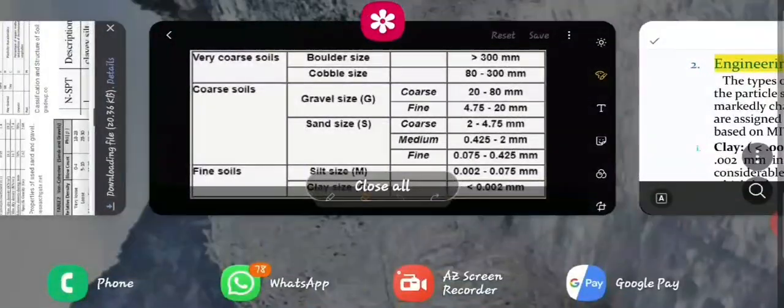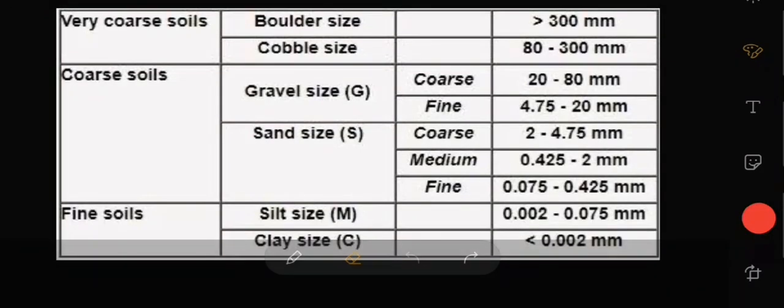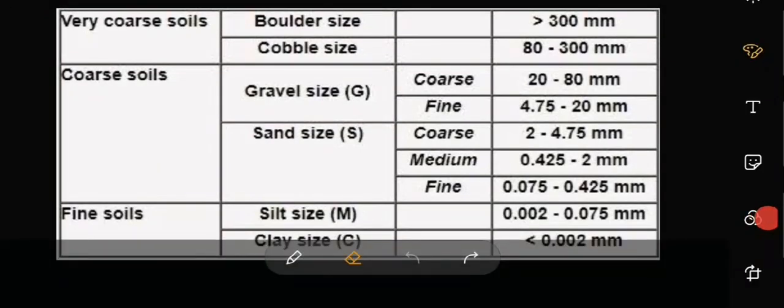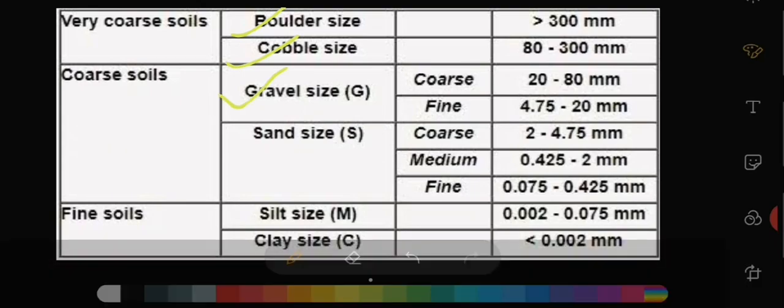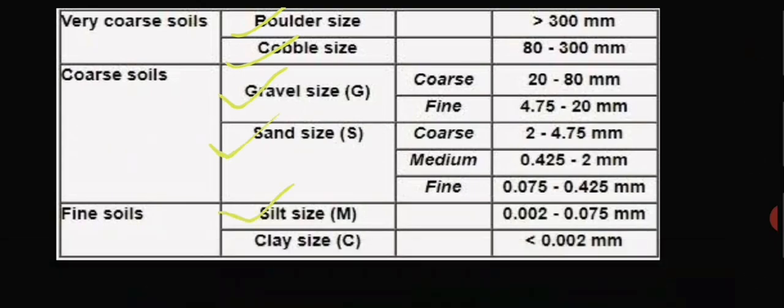So this is the chart. Very coarse soil: boulder size, cobble size, gravel size, sand size, silt size, and clay size.